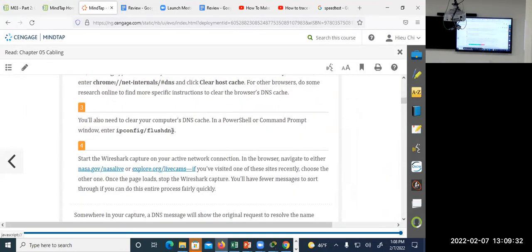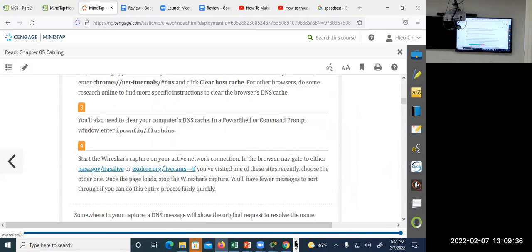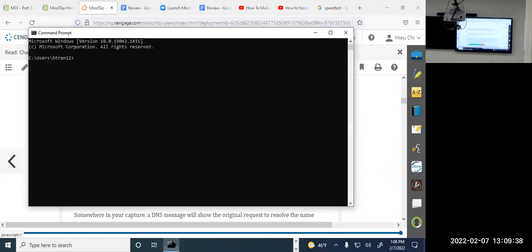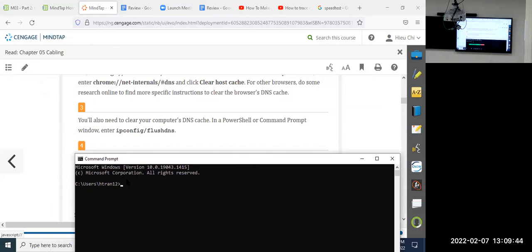Okay, so now if you want to clear the local cache, we have the command ipconfig /flushdns here.